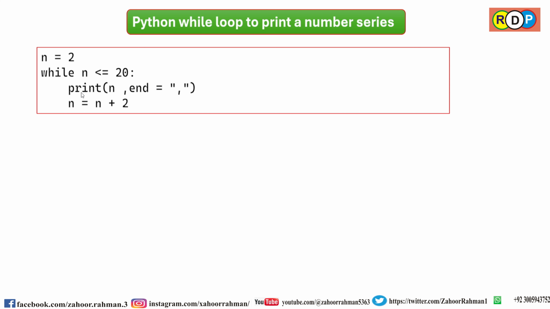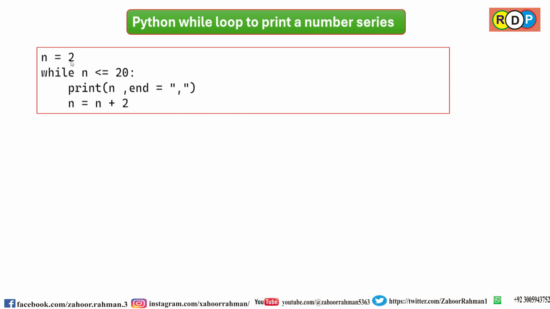By default, print prints one line at a time and directly goes to the next line if there is no end. But if there is an end, I am instructing the compiler to stay on the same line, put a comma, and print all these values of n. So it will be printed row wise.